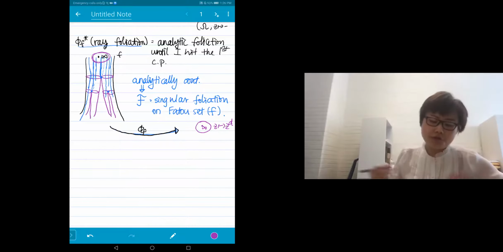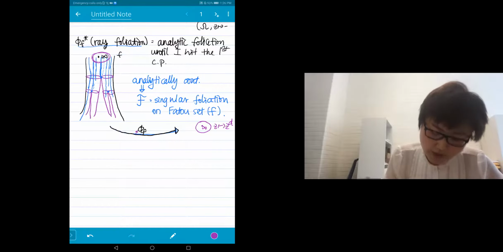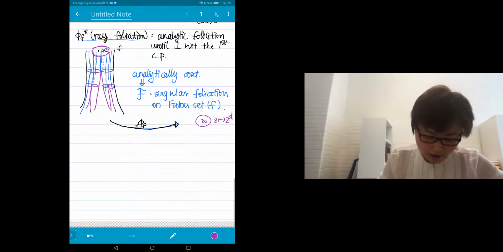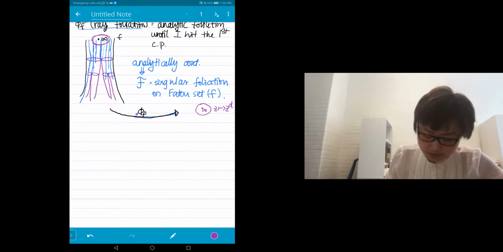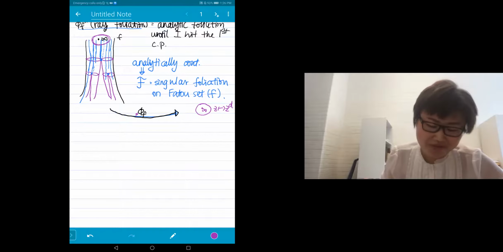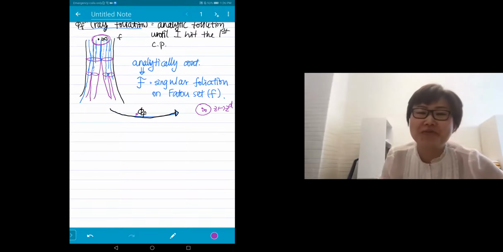So now I can use this singular foliation to extend this Böttcher map, right? So I just follow the leaves of the foliation, and then we'll encounter problems if I hit the critical point. So that's exactly the information we want to record.